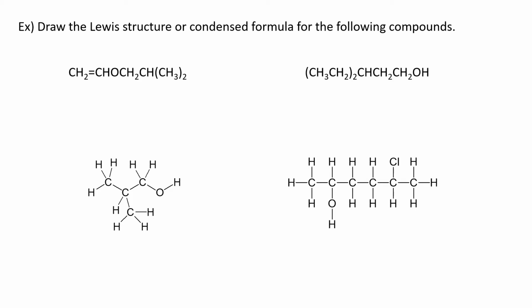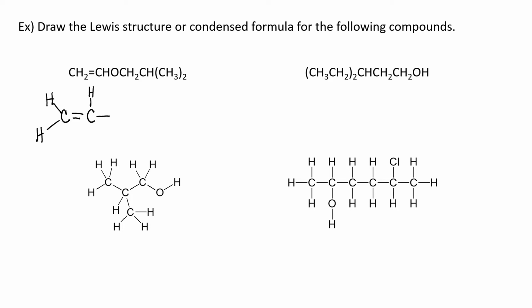Now that you've tried these, let's see how we come up with a Lewis structure for the first two. We have this carbon atom on the end, and it's attached to two hydrogens. That carbon is double bonded to another carbon atom. That carbon has a hydrogen. Now it doesn't matter if you put the hydrogen on the top or on the bottom.